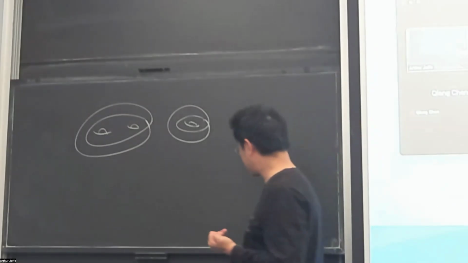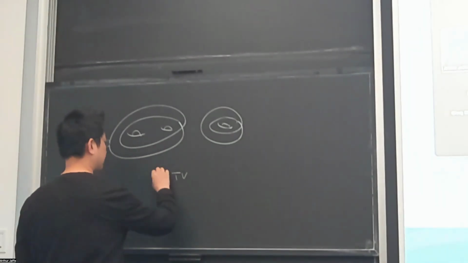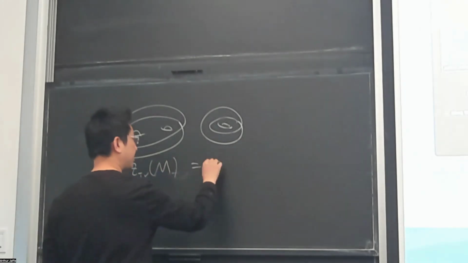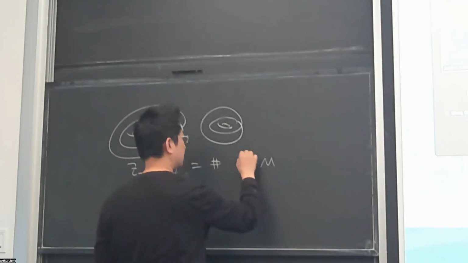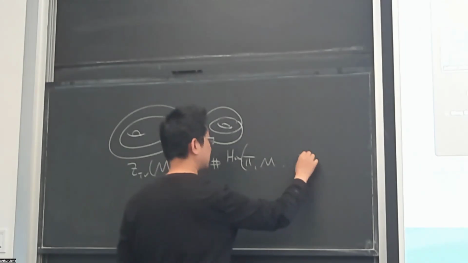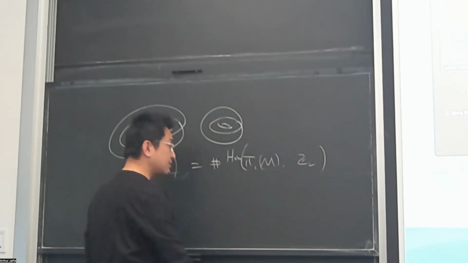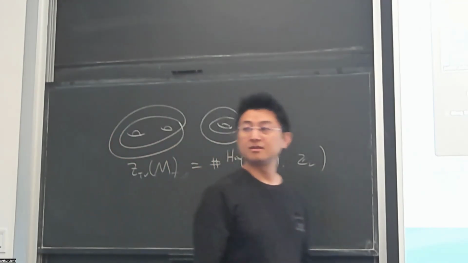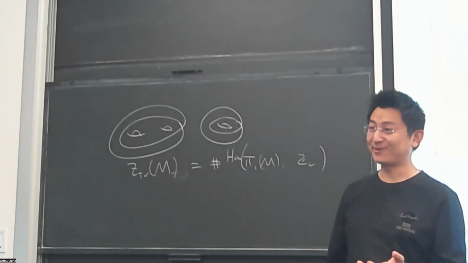For example, the Z2 invariant of the manifold is given by the number of homomorphisms from the fundamental group of the manifold to Z mod 2, or Z2. And this is essentially solving some linear equations in this field. So this can be done in polynomial time, but these are also known before.